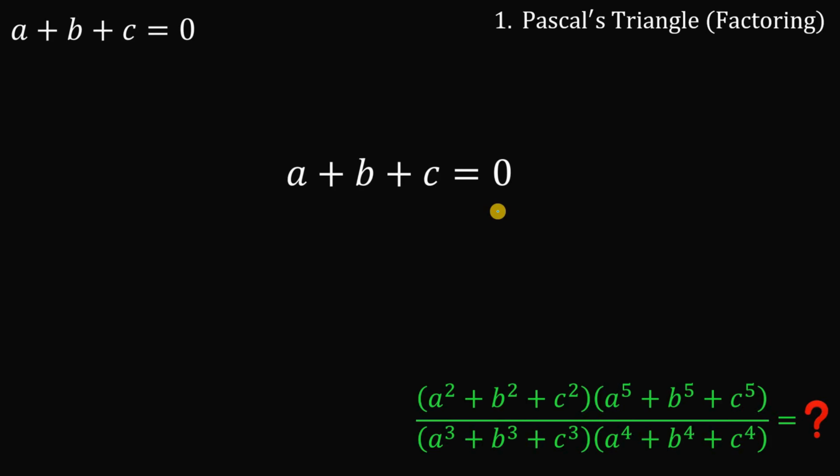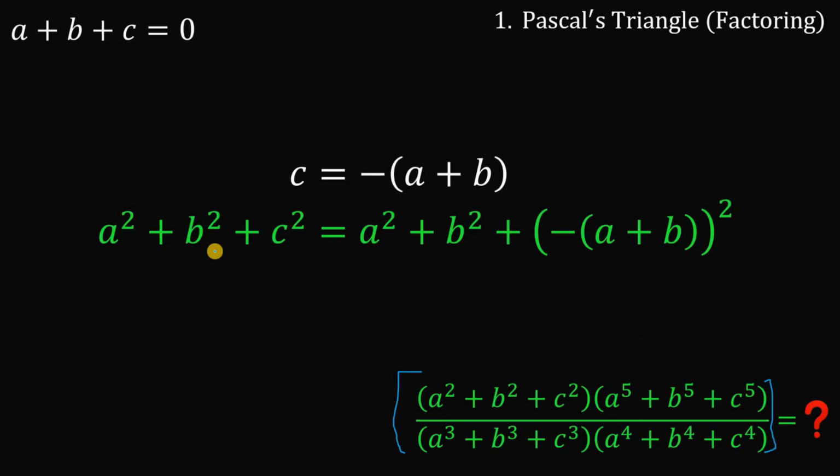Since in the binomial expansion we have 2 terms, a and b, what we're going to do is set c in terms of a and b. So the value of c can be written as negative of a plus b. In short, we can replace all c in this expression with negative of a plus b.